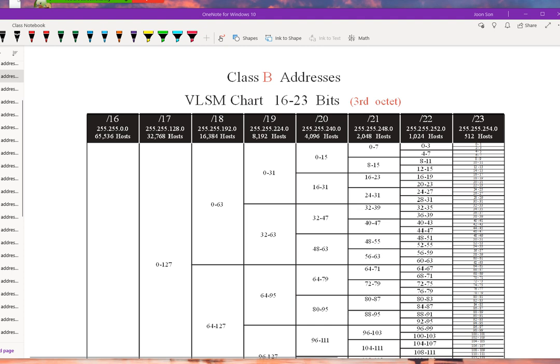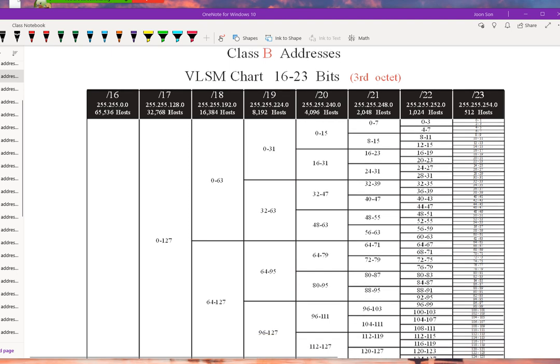So /20 is the right size, because it can have up to around 4,000 hosts. So /20.